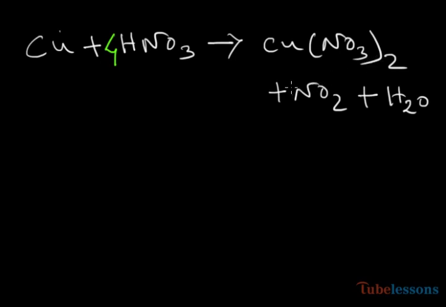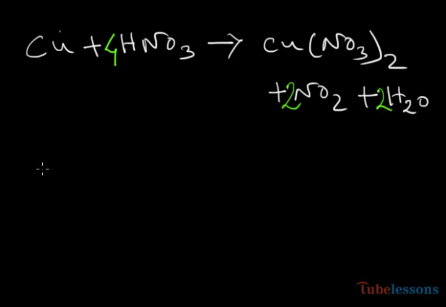So we have to multiply NO2 by 2. And when we multiply NO2 by 2, the number of nitrogen atoms in the right hand side is 4. And the number of hydrogen atoms in the left hand side is 4. So we have to multiply water by 2.